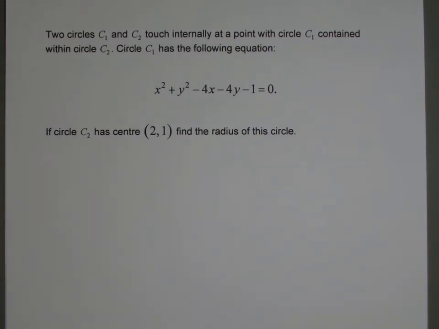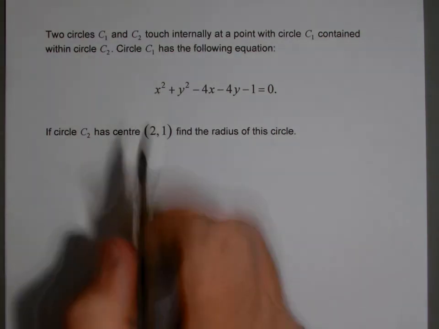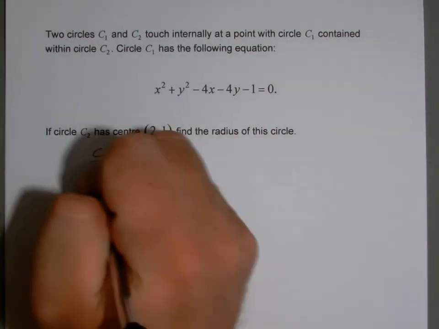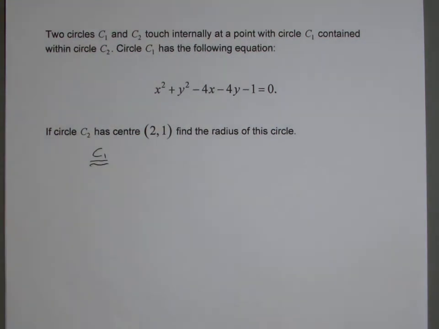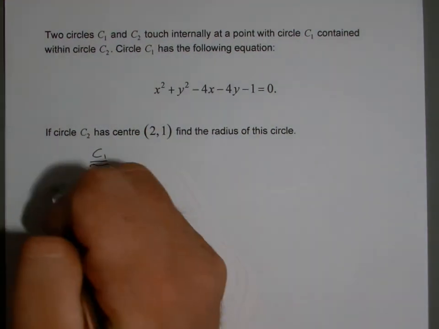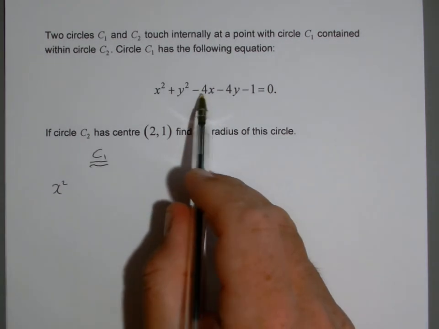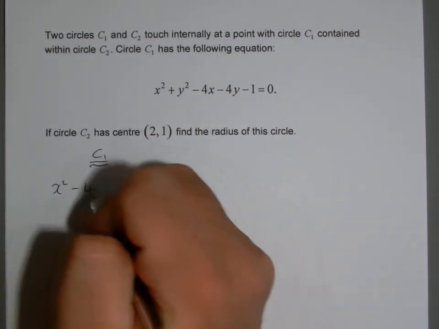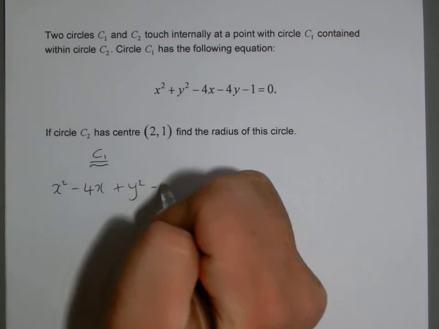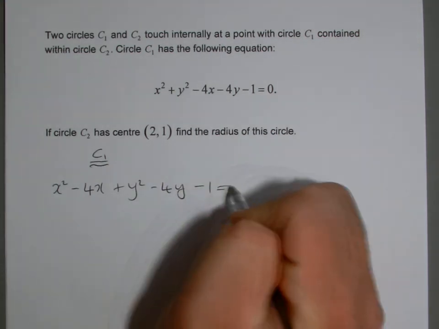Circle C1 has the following equation. If circle C2 has center (2, 1), find the radius of this circle. So let's focus on C1 to start with. We need to know the center and the radius, and we've got to rewrite this in standard form to work out the center. So group the x squareds and x's together, group the y squareds and y's together, and then complete the square.